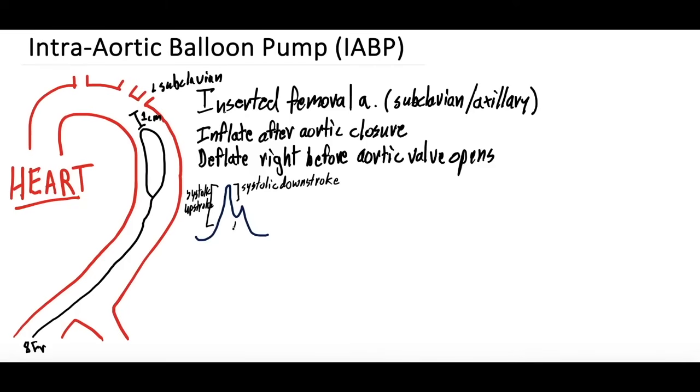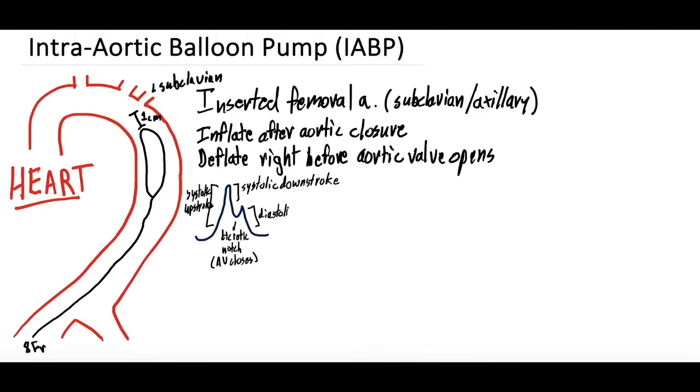This here is the dicrotic notch. Let's write that out, dicrotic notch. That is when the aortic valve closes, and that's when you enter diastole. This is the diastolic runoff.